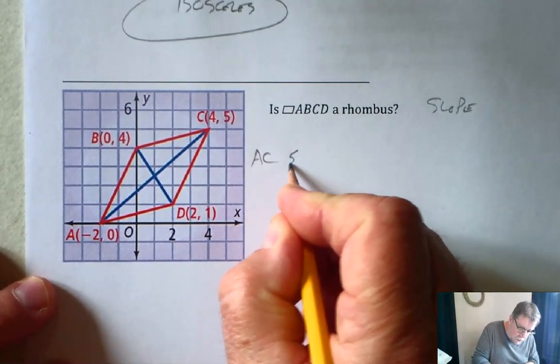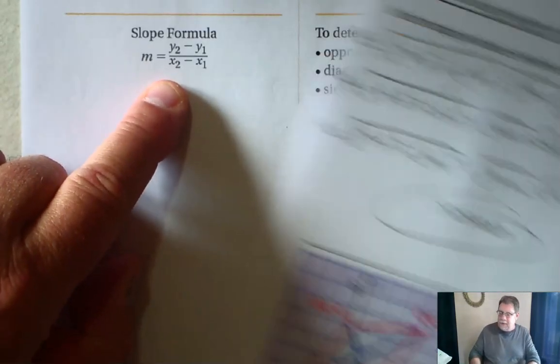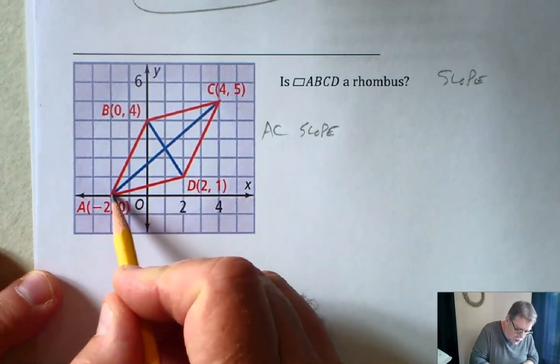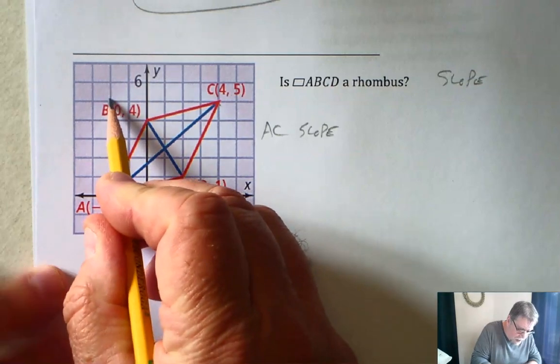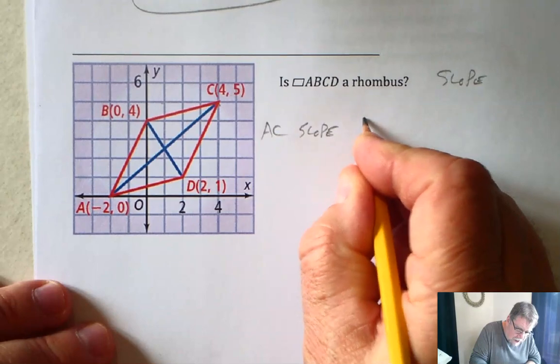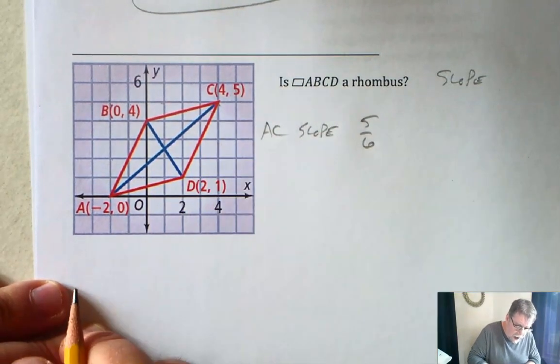I'm just going to use rise over run. I could use the slope formula, but I have a picture of it. So I'm going to start at A and go to C. My rise is 1, 2, 3, 4, 5. My run is 1, 2, 3, 4, 5, 6. So that's 5 over 6. So that's the slope of that one.